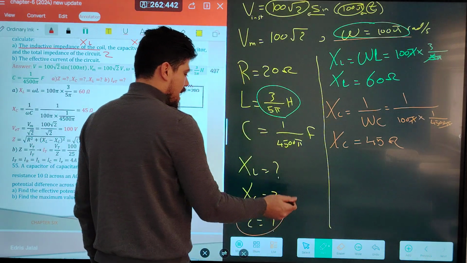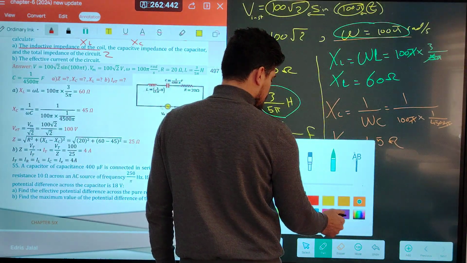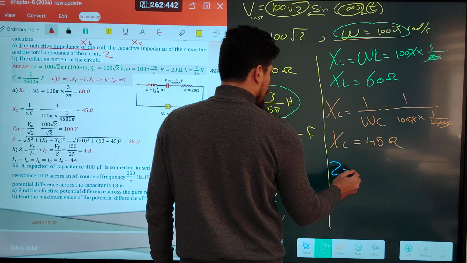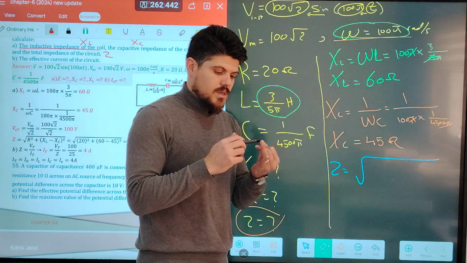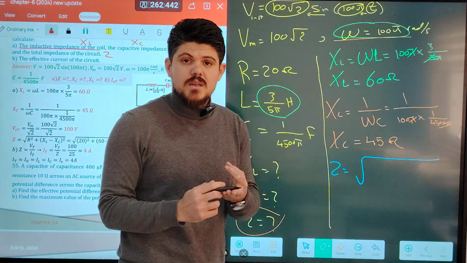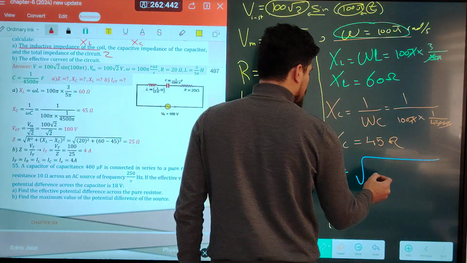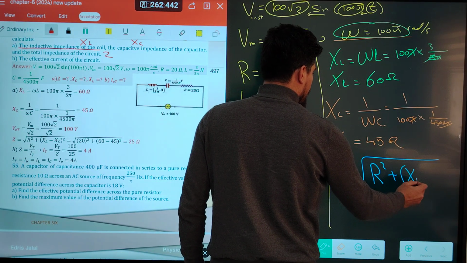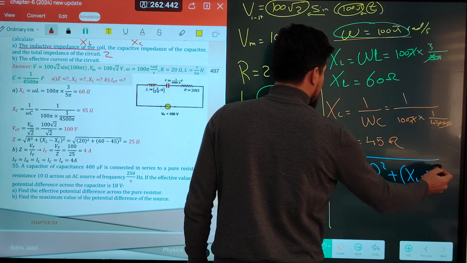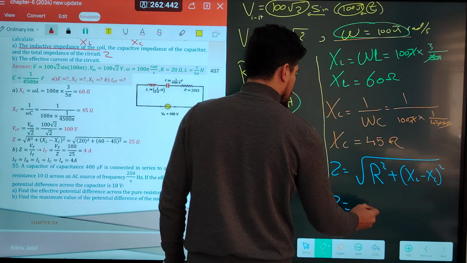And then we have to find Z, the total impedance. Z is equal to what? Because in the circuit we have resistance, capacitive impedance, and inductive impedance, that is why we have to use this relation: R squared plus (XL minus XC) squared, under the root.